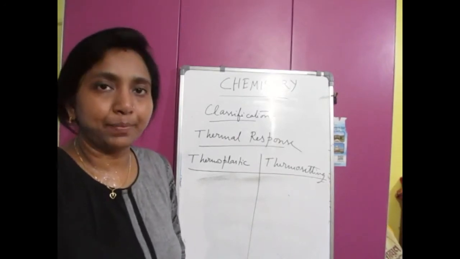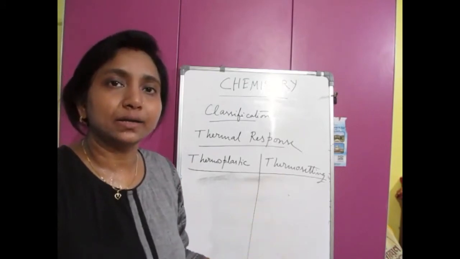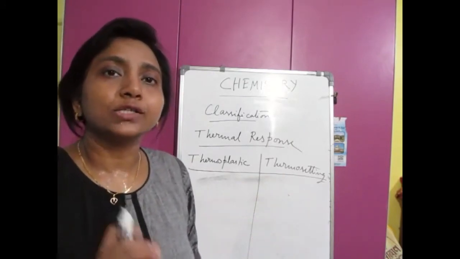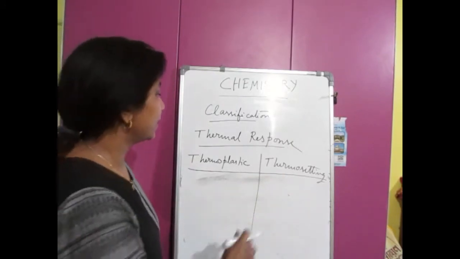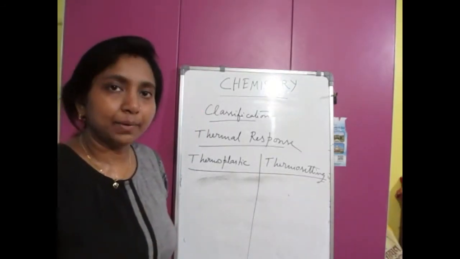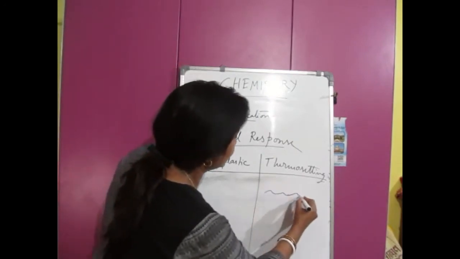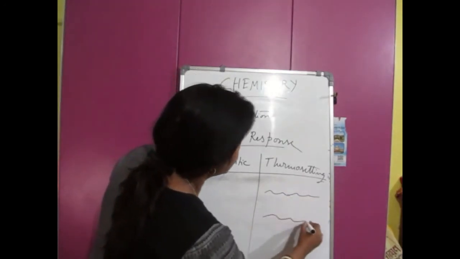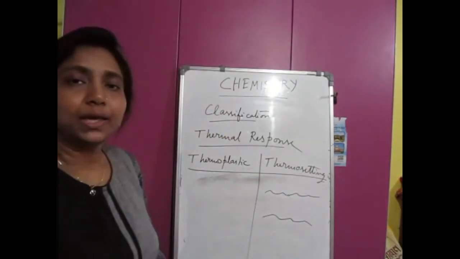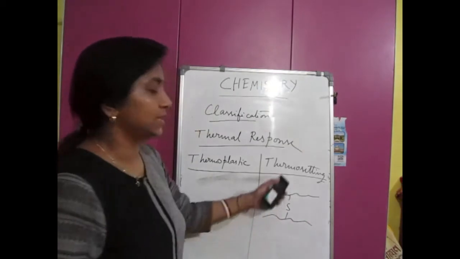So why does it happen? Why does thermosetting polymer become harder? Because of cross-linking. Cross-linking means, say we take natural rubber and we are doing the vulcanization process. So this is the chain of natural rubber. If we apply heat energy, then more cross-linking will take place.